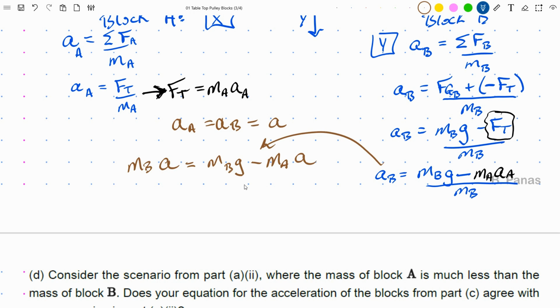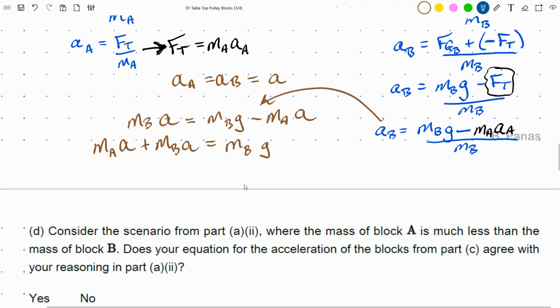Now, all I have to do is solve this equation for acceleration a. To do that, I will add this term to the left side of the equation. So let's add m of A times a, plus the term that was already sitting here, mass of B times a, and that will be equal to the mass of B times g.